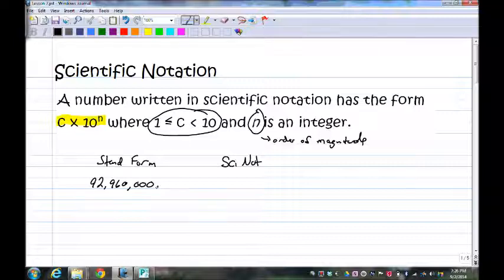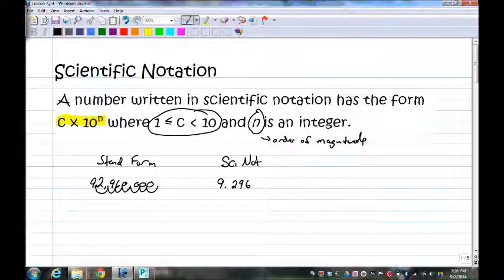So what I'm going to do is I'm going to move it here. 1, 2, 3, 4, 5, 6. I had to move it 7 places so that the number in front is between 1 and 9. Then I'm going to write all the digits that are not zeros. 9, 2, 9, 6.